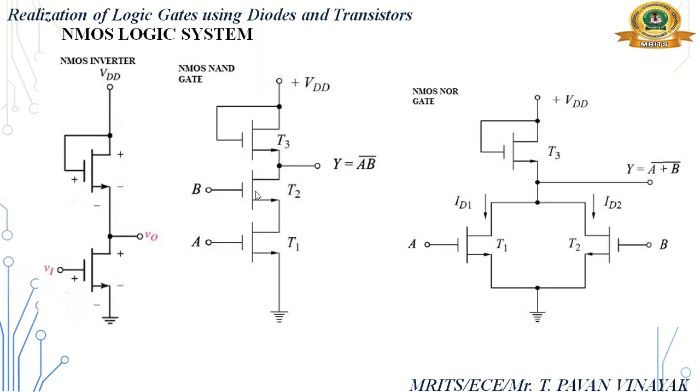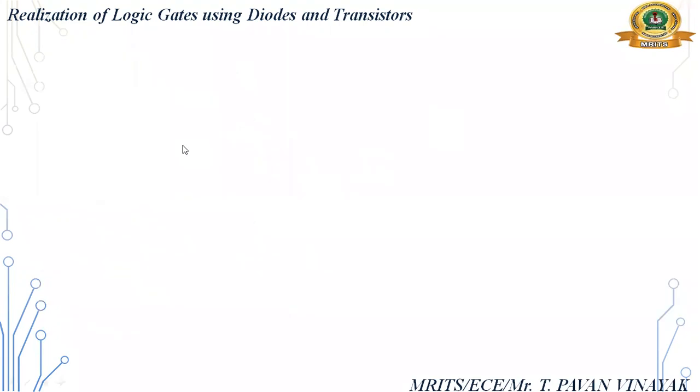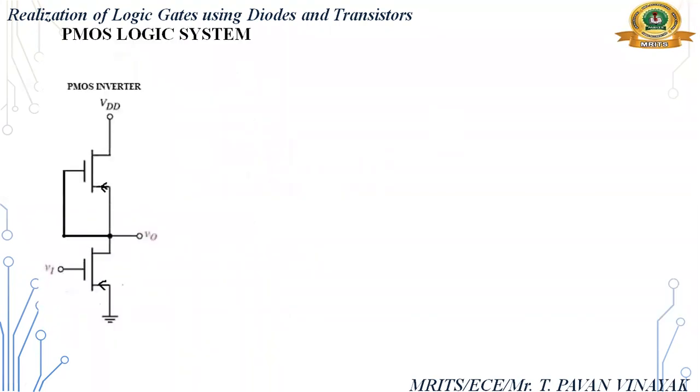The quite opposite is PMOS. Let us see. In PMOS, this transistor is called the pull-up transistor. We do not give the power supply here; we give it to the Vout. And this is PMOS.